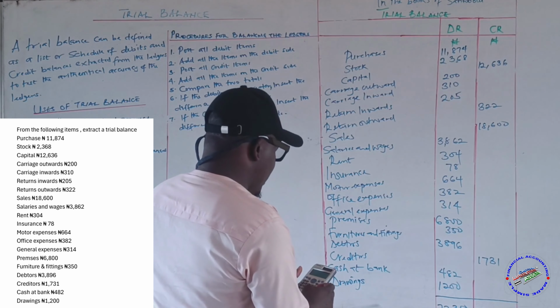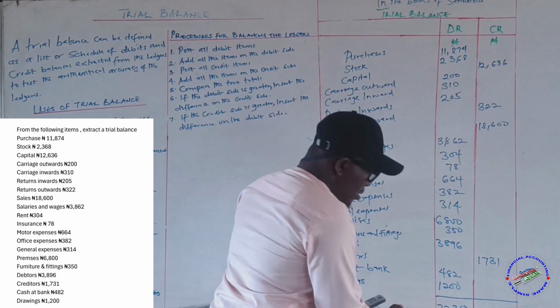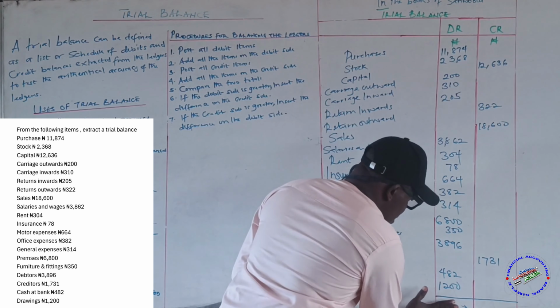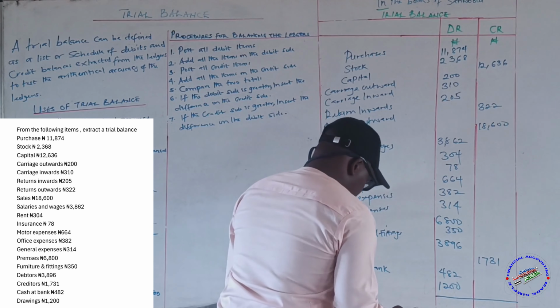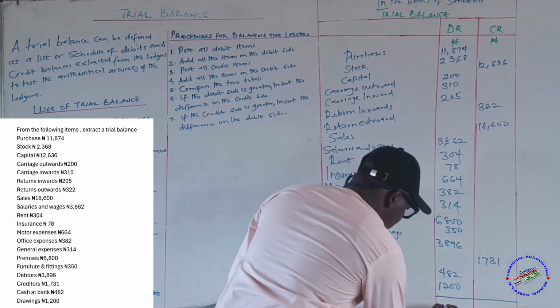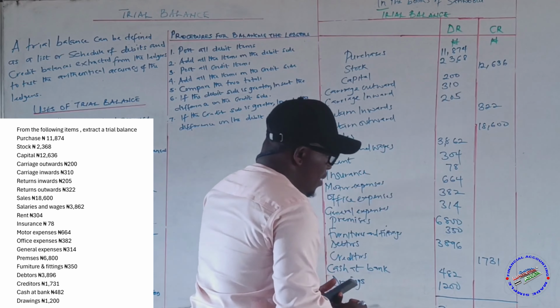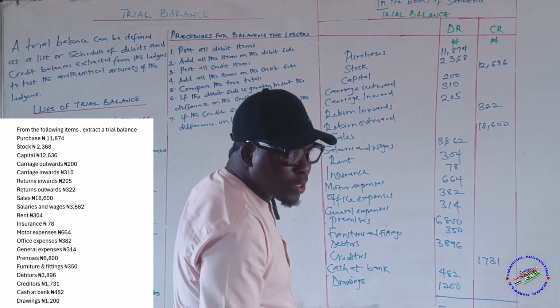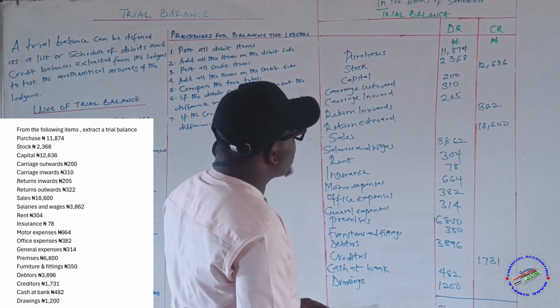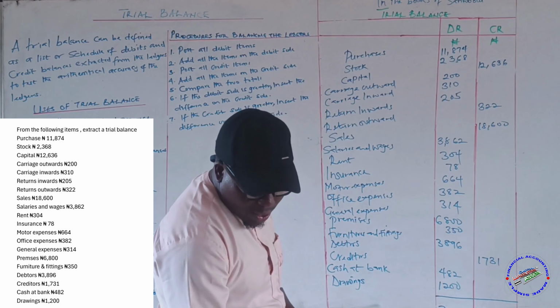So this gave me 33,287. And the other one gave me 33,289.